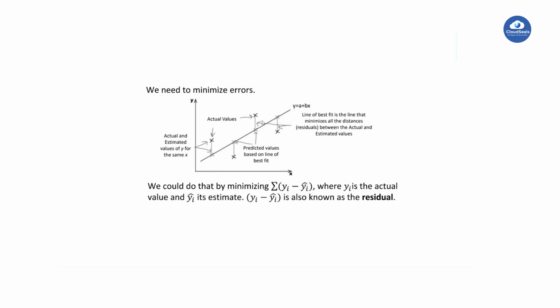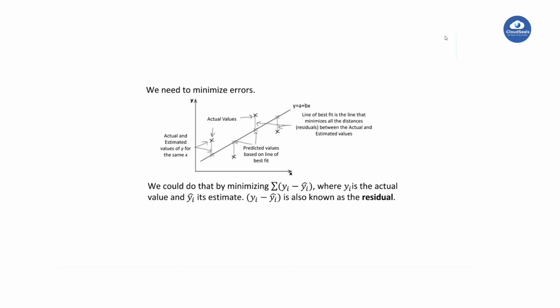The data points which lie here get less error, while the points which lie here give a lot of error. That's why the main assumption in the linear regression model is that the data have some linear relationship between the dependent variable and the independent variable.